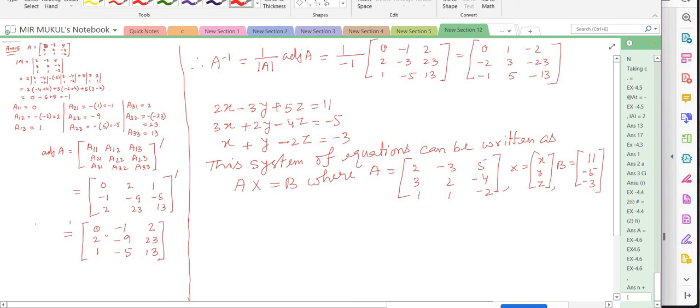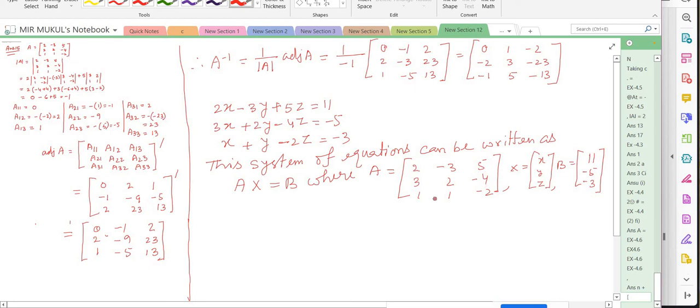Right, now our A was what? Just check the starting part, 2 minus 3 5, then 3 2 minus 4, and 1 1 minus 2.